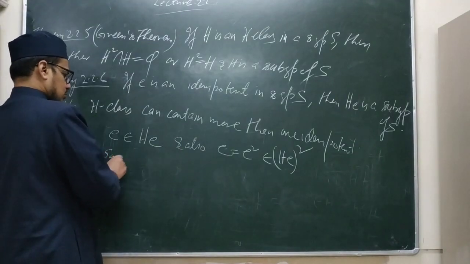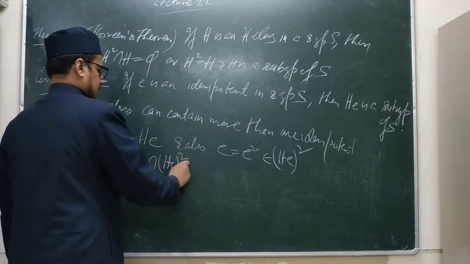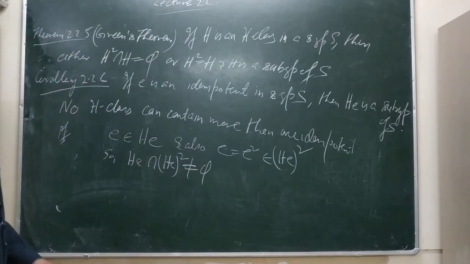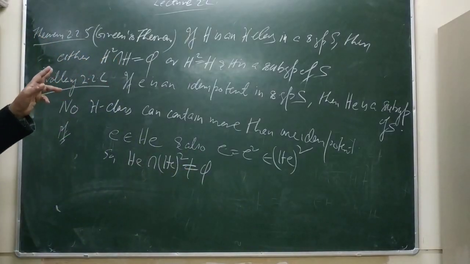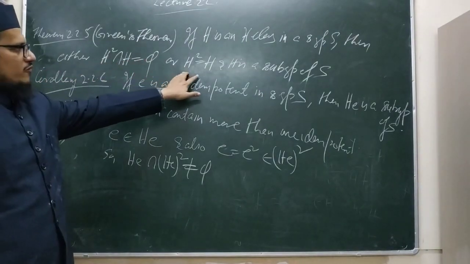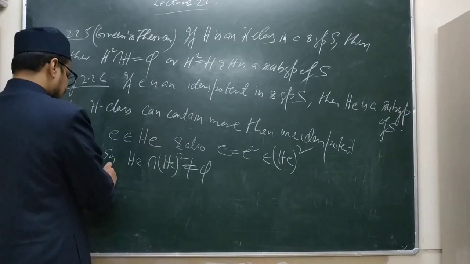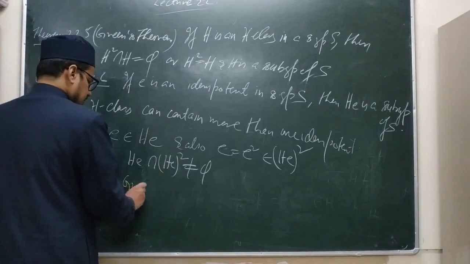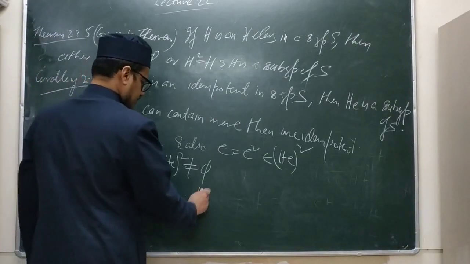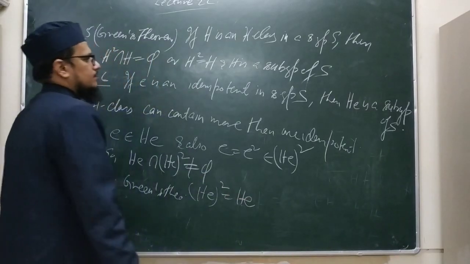So He intersection He square is non-empty. So if H is an H class in the semigroup, then if H square intersection H is non-empty, then what we have by Green's theorem? H square is equal to H. So we apply Green's theorem. So by Green's theorem, He square is equal to He, correct?